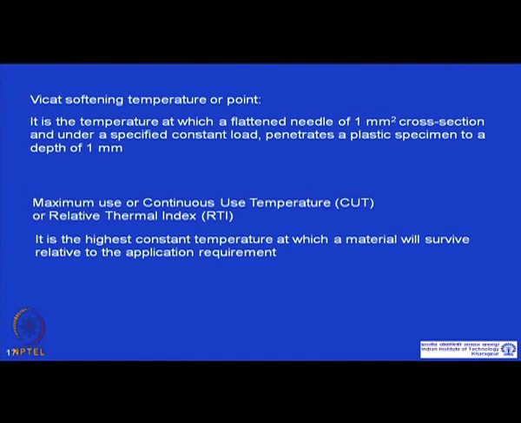Another important parameter of thermal behavior is the maximum use or continuous use temperature, or it is sometimes called the relative thermal index. It is the highest constant temperature at which the material will survive related to an application requirement. What does it mean? It means how long you can use it and what is the service temperature.